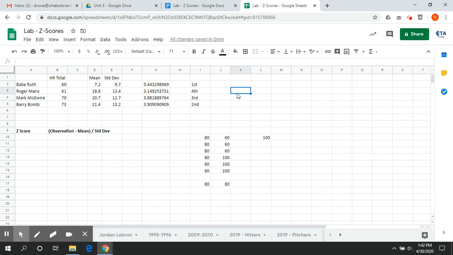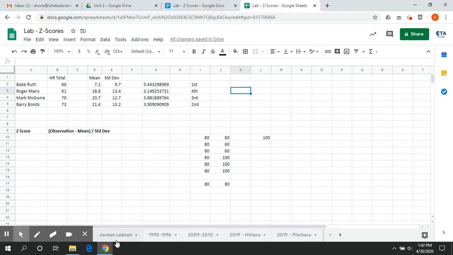So it's just a different way of looking at stats and allowing you to put them in context instead of just looking at the raw numbers. We compare that raw number to what everybody else did during that time period. All right, so that's one way we can use it. We can use it to compare things across time.